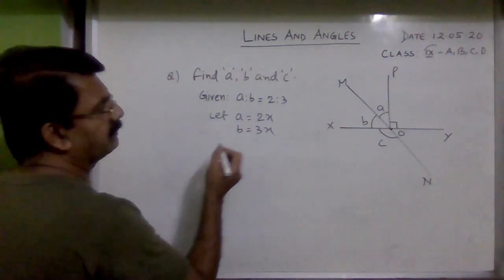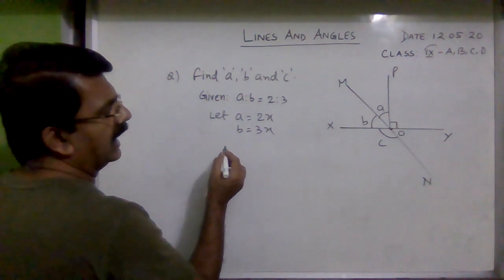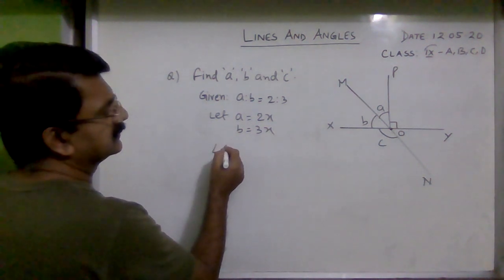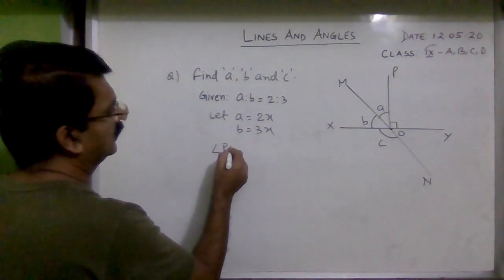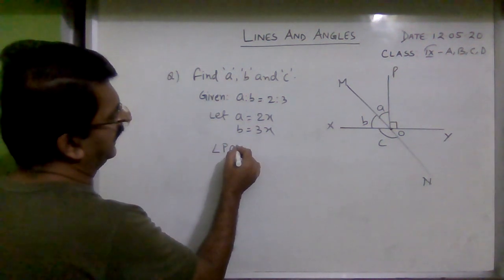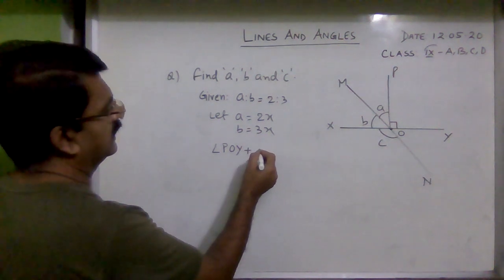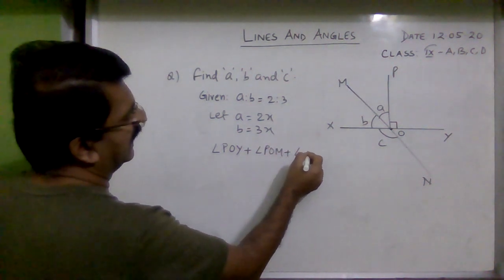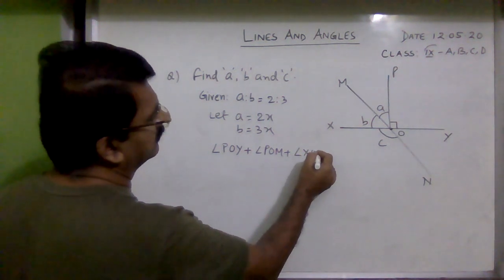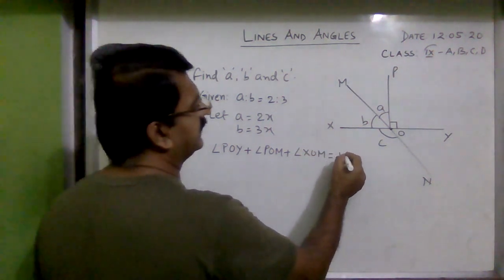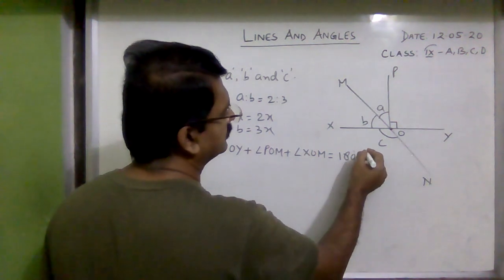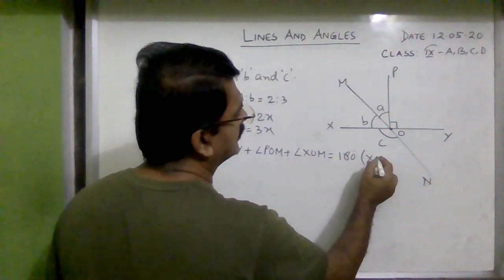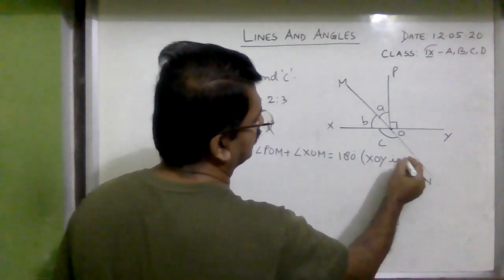Now what happens? Angle POY plus angle POM plus angle XOM is equal to 180 degrees. The reason: XOY is a straight line.